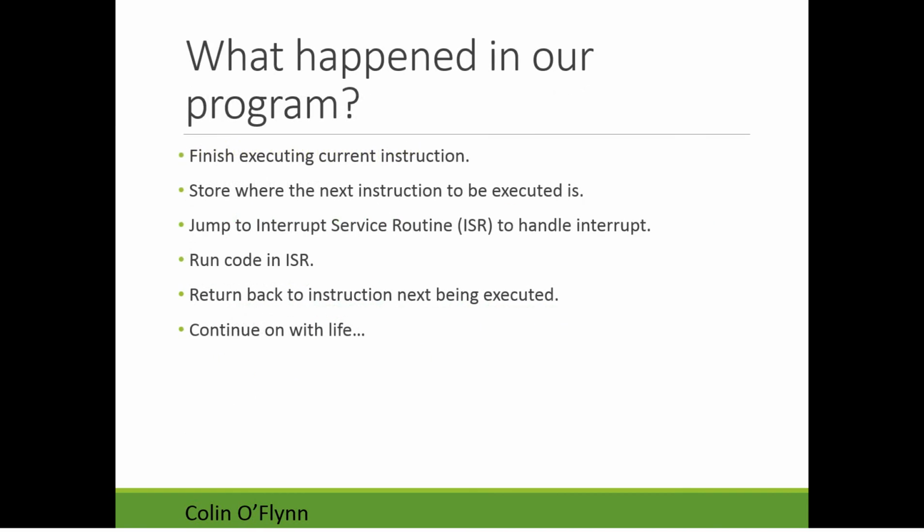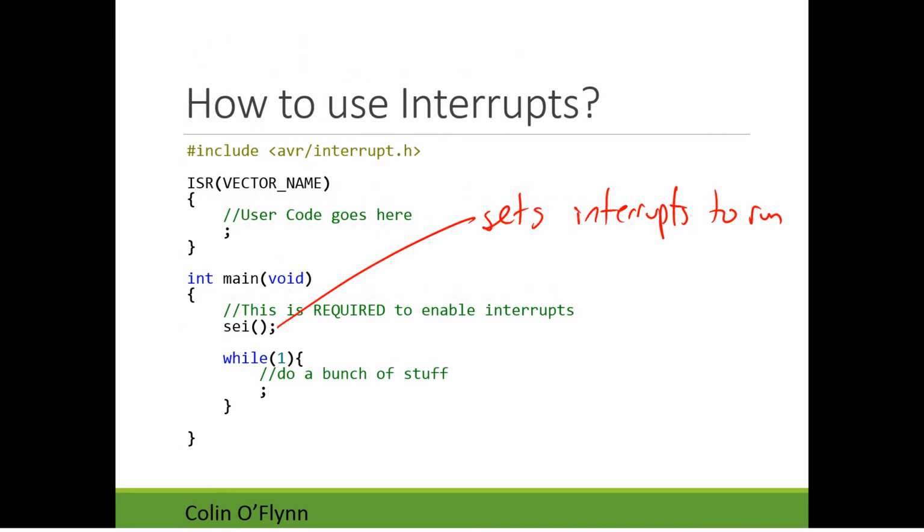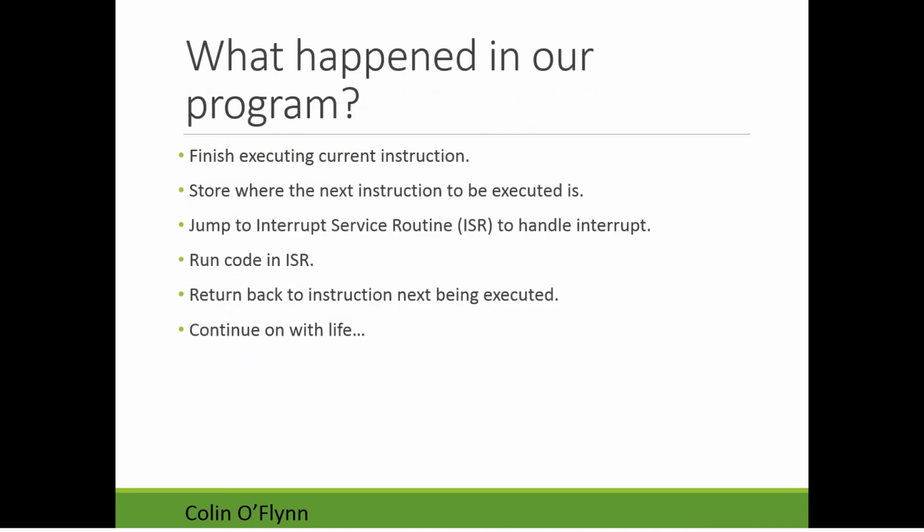So in our program, we have this little while loop. If you're doing whatever you want in the while loop and an interrupt happens, it's going to finish executing whatever the current instruction is. So if it's loading something from memory or adding something together, it's then going to store what the next instruction will be. Maybe it finished the load, and the next thing it was going to do was add that value to a constant.